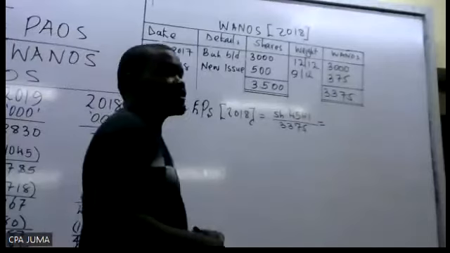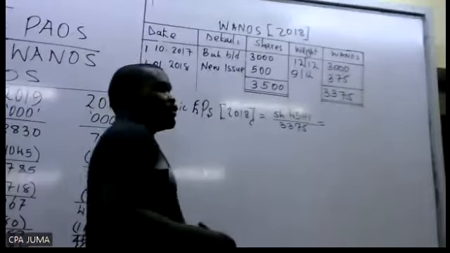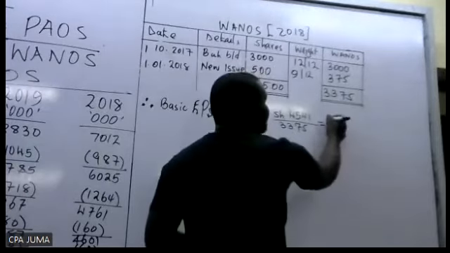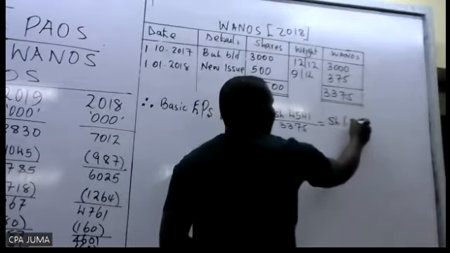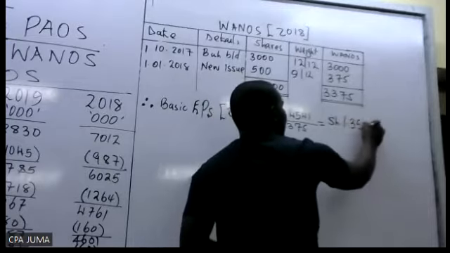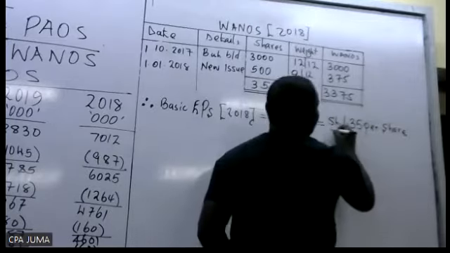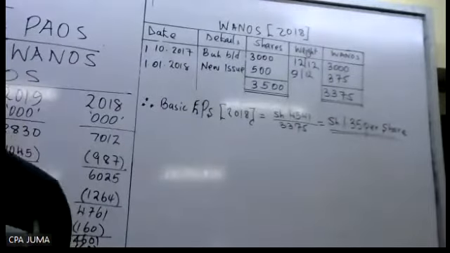What do you get? Let's do 2 decimal places. So you write shillings 1.35 per what? Per share. So for every share, you are entitled to that.